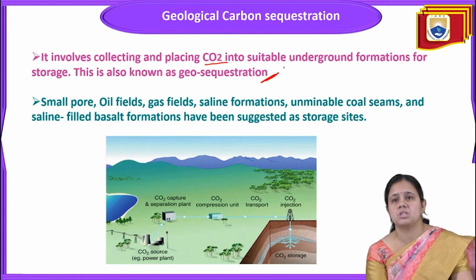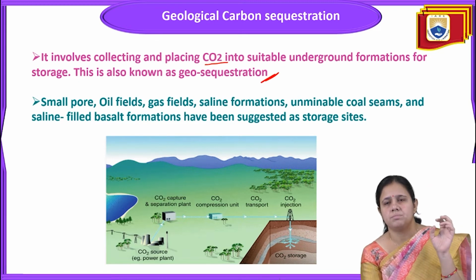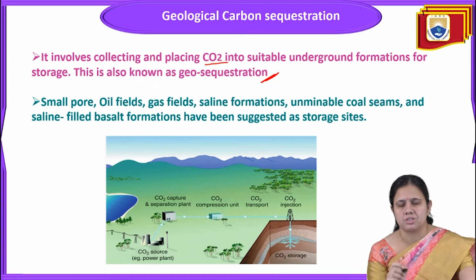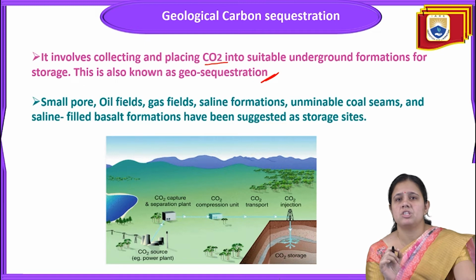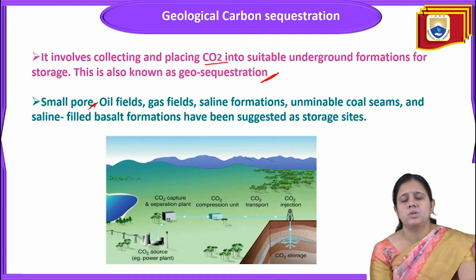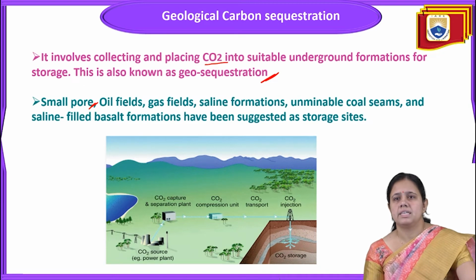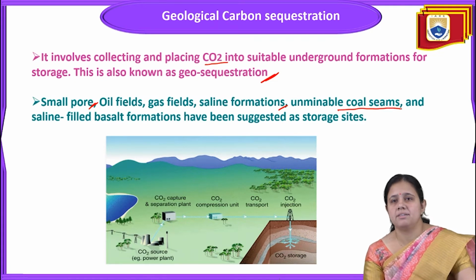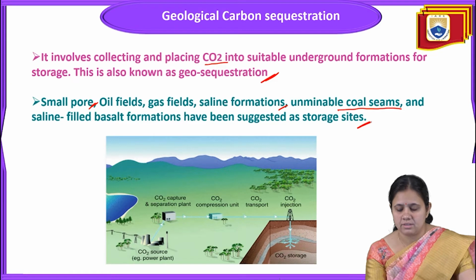This is called geosequestration: the storage of carbon dioxide in underground formations, like small pores, oil fields, gas fields, saline formations, unminable coal seams, and saline-filled basalt formations, which have been suggested as storage sites. So these are the natural storage sites, sinks for carbon storage.